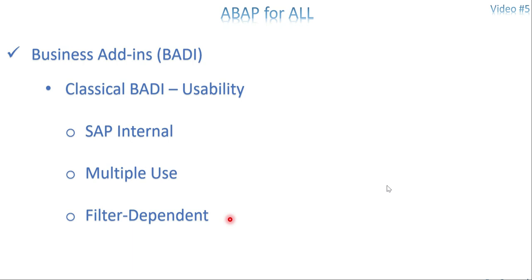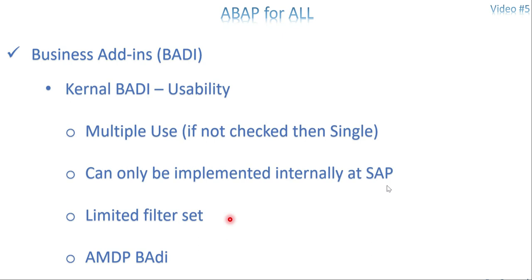If you take the usability of kernel BADI, you'll get a few more options. They actually overcame whatever is not available in the classical one. Kernel BADI has a multiple use option. If it is not checked, then it is single, same concept. And here they mention very clearly that it can be implemented internally at SAP, not for custom development.